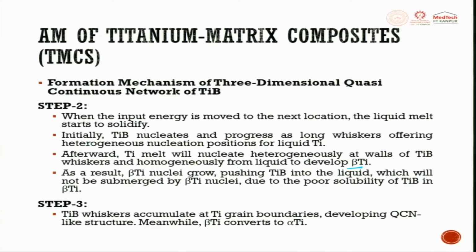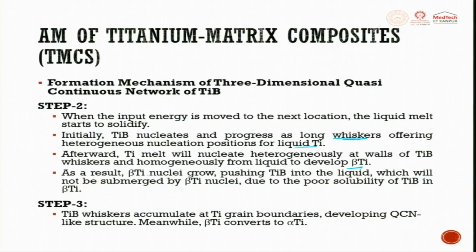So, this step sequence is very clearly written. Initially, TiB nucleates and progresses into whisker. It forms a small lengthy whisker. So, that means to say diameter is very small, length is very high, offering heterogeneous nucleation positions for liquid Ti. Afterwards, Ti melt will nucleate heterogeneously at walls of TiB whisker and homogeneously from liquid to develop beta Ti.